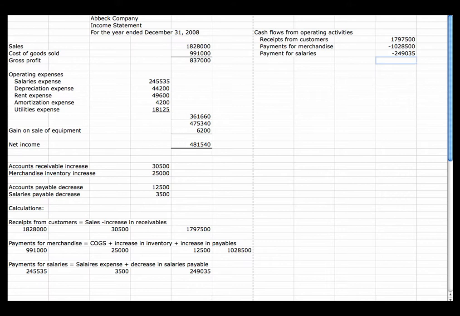Now the other ones hopefully will be a little bit easier because they're direct payments. There's no T account you have to worry about. For instance, rent. Let's do it in the same format. Payments for rent, once again, is a negative value, is $49,600.